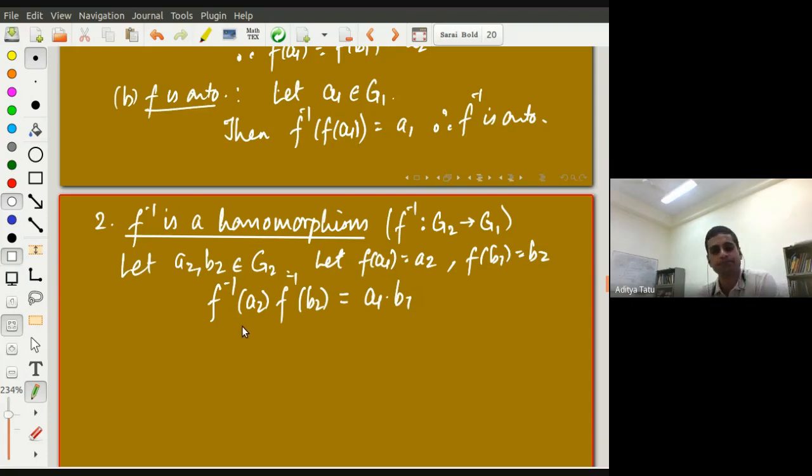How will this help us? What happens if I apply F on both sides? What is this?